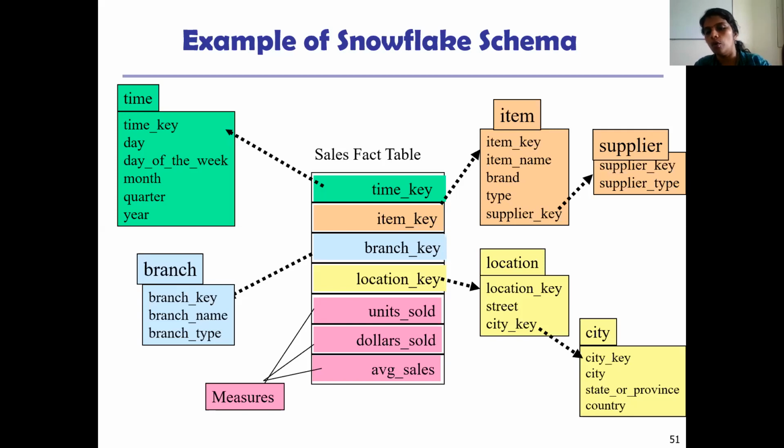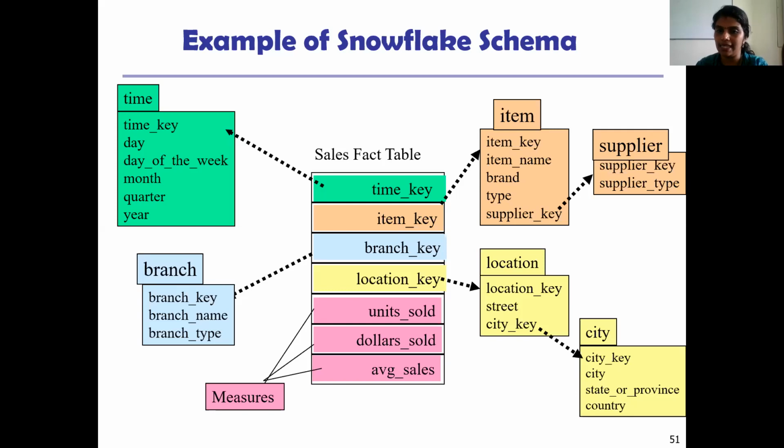Now this city to the state and country mapping will be done in the city table. So in the city table, you can mention the city key and also the state to which it belongs to. So this helps to avoid repetitions or redundancy.